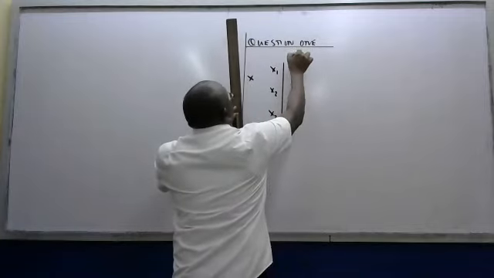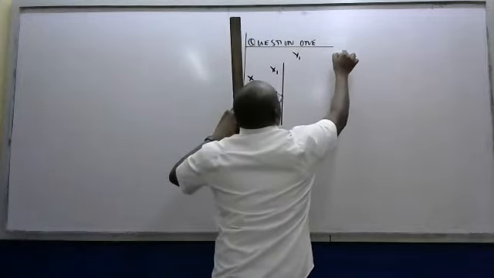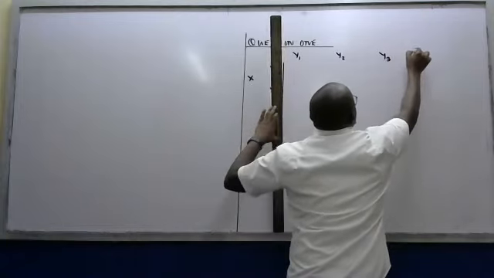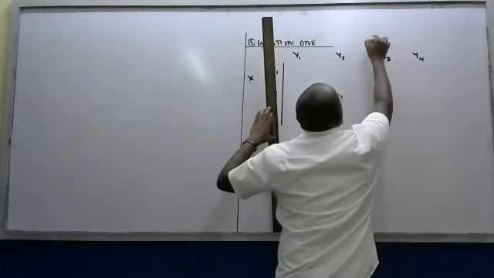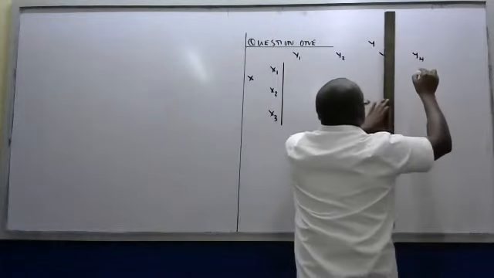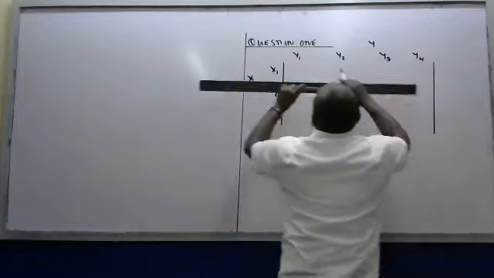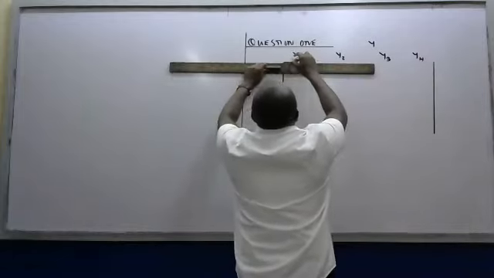Then we have Y1, Y2, Y3 and Y4, and this is for participant Y.